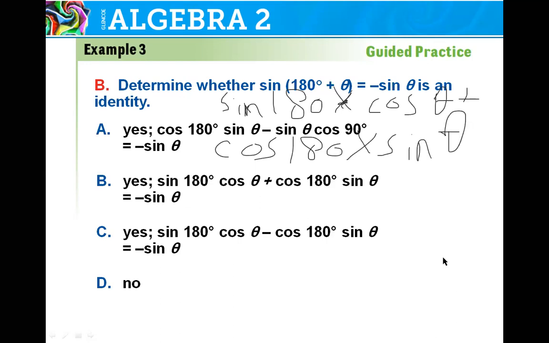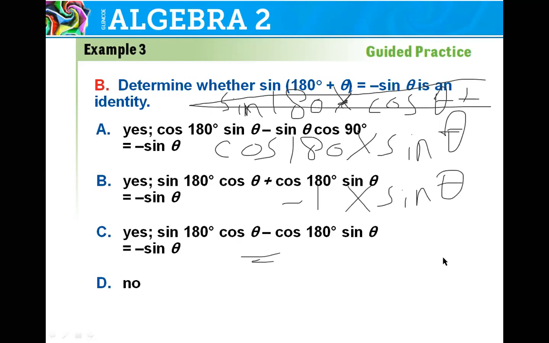Sine 180 equals 0, so this first part is equal to 0. We're going to the second part. Cosine 180 equals -1. So we have -1 times sine theta, which is equal to negative sine theta.